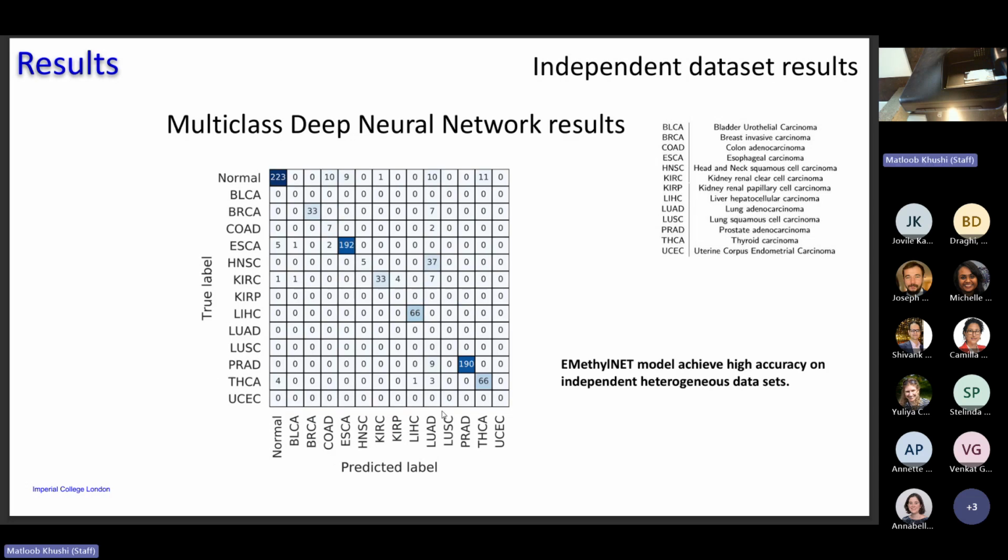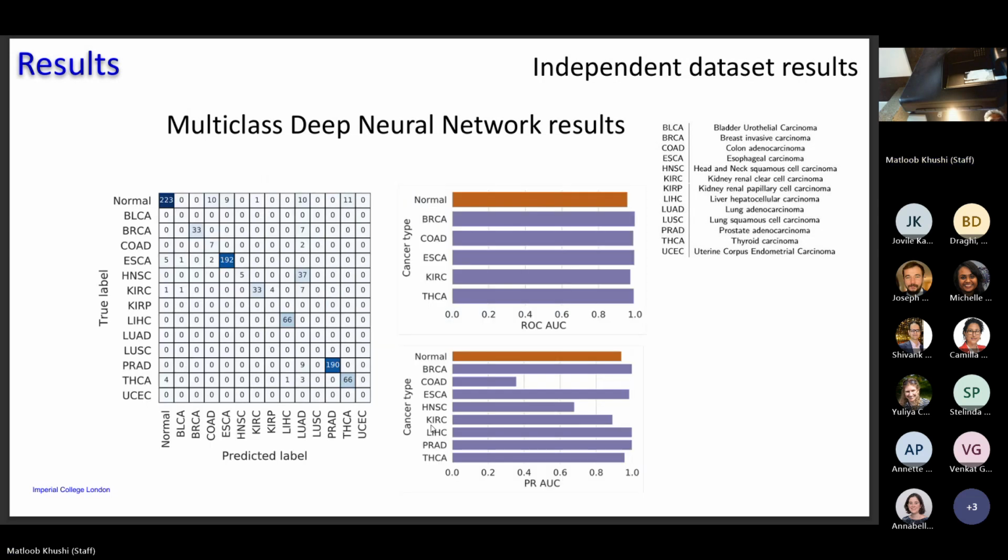The neural network did a bit better, but it still had issues with the head and neck cancers. But overall, the performance metrics were good, except for prostate cancer, which had issues with adenomas, and head and neck cancer, where the tissue of origin is different to the location it was derived from.